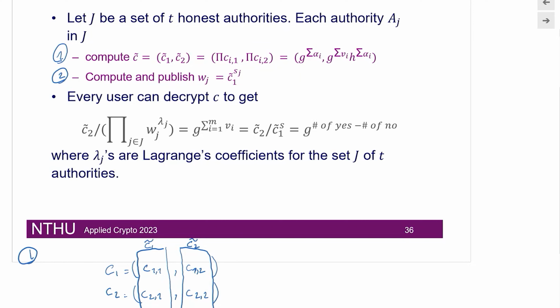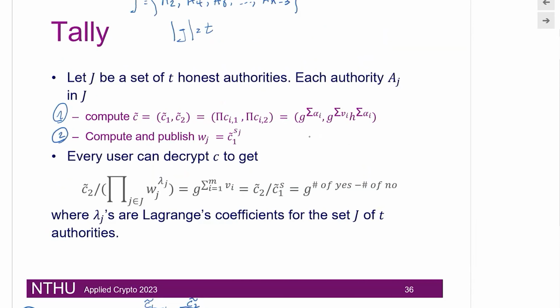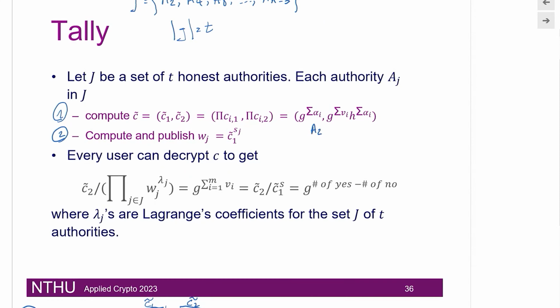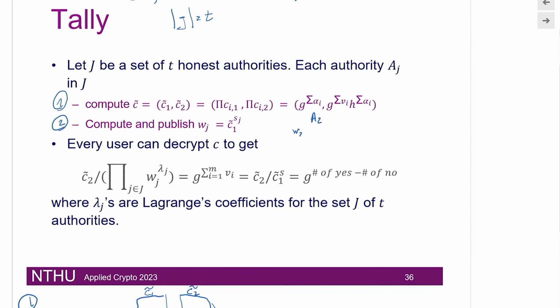If I go back and do this computation according to our index set J, A2 would publish W2 equals C1 tilde to the power S2. So this is what A2 would publish.